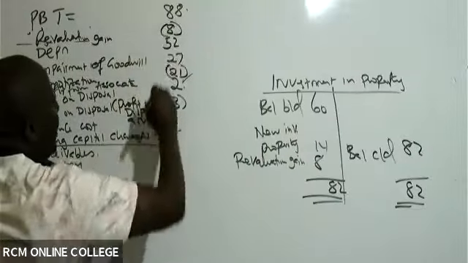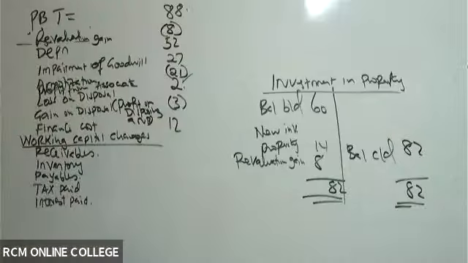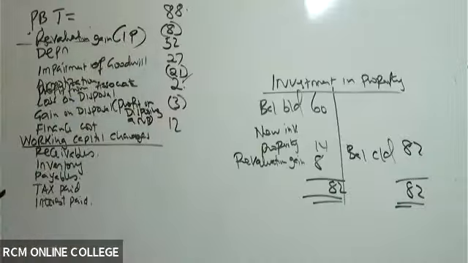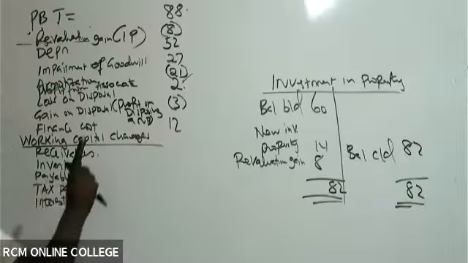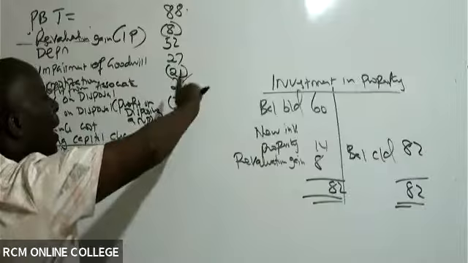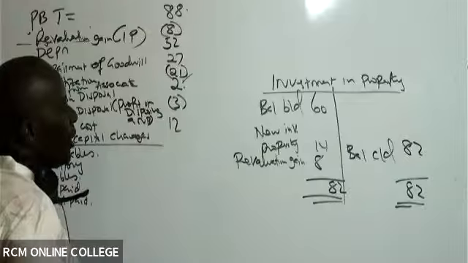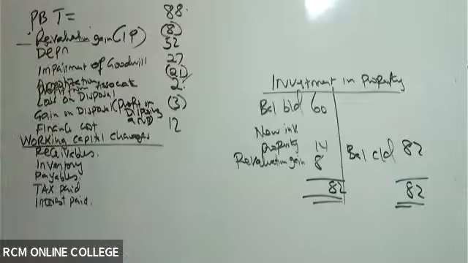It shall be captured as a negative figure, since it's a gain: revaluation gain on investment property, 8. Even as we continue, you'll be surprised, there is a very high possibility that we may get other new things.